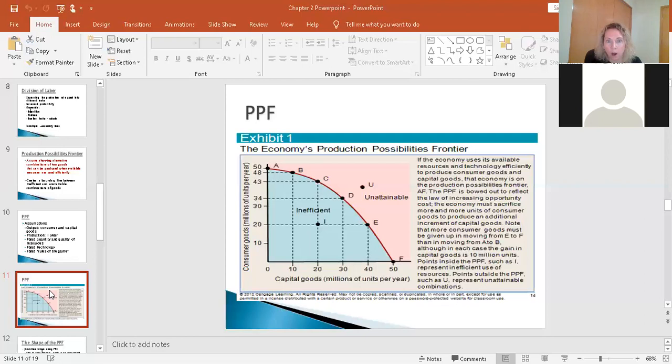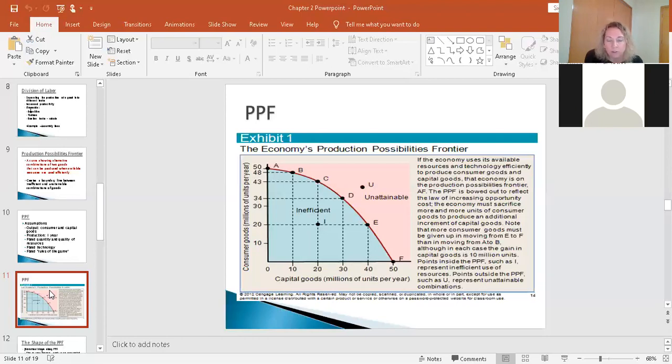What resource are we underutilizing to the point that we are being pushed deeper and deeper and deeper towards the origin, into our inefficient area? We have a very wasted resource right now. Thank you, Devin. It is labor, right?